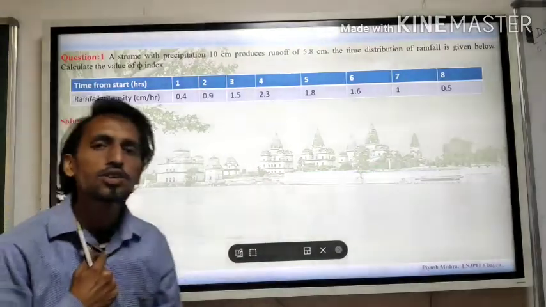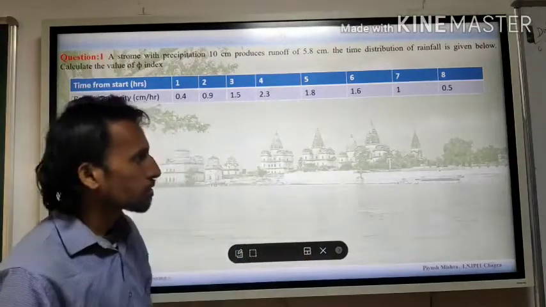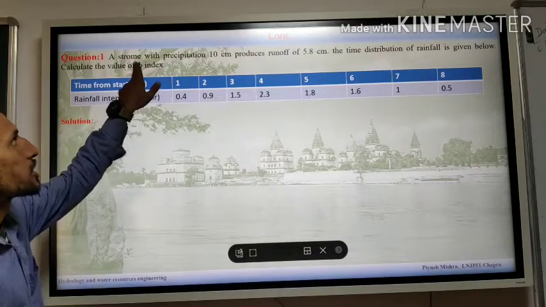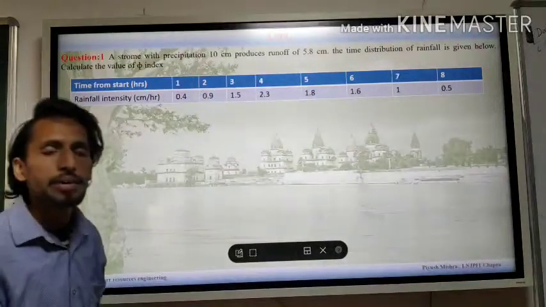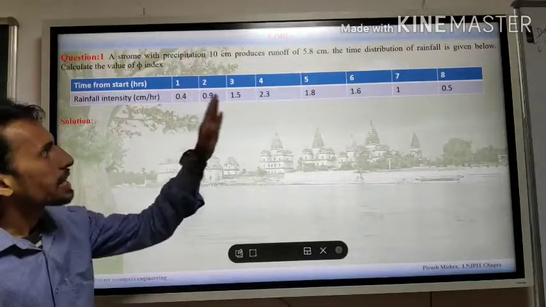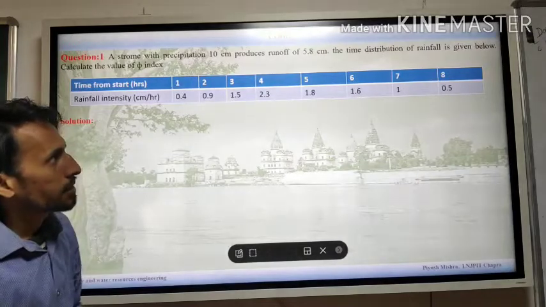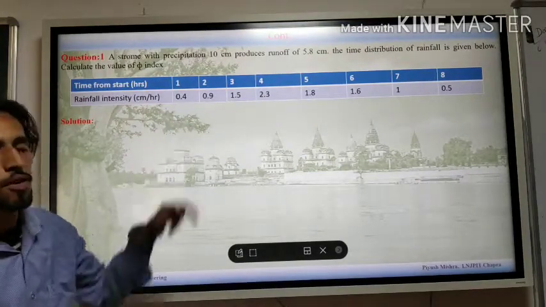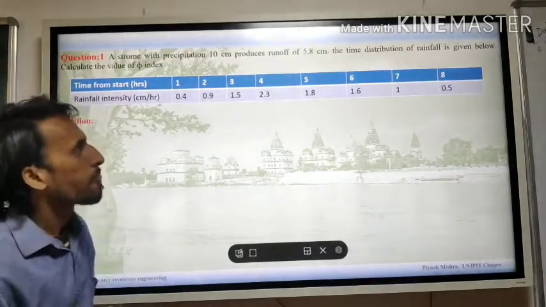Now let's try to solve one question, to see whether you understood this or not. You can read the question. It says that a storm produces a precipitation of 10 centimeter, and the runoff value is 5.8 centimeter, and these details are given for drawing your hydrograph or histogram.